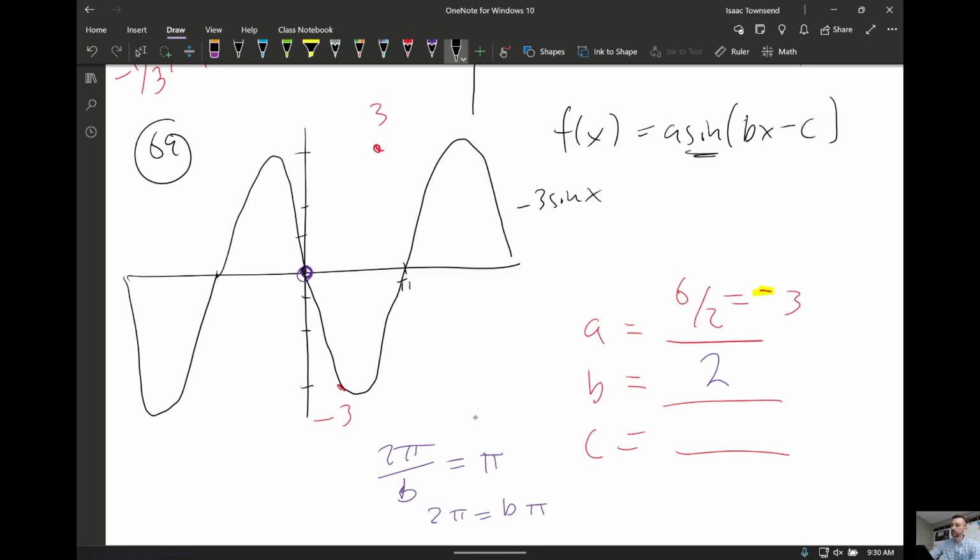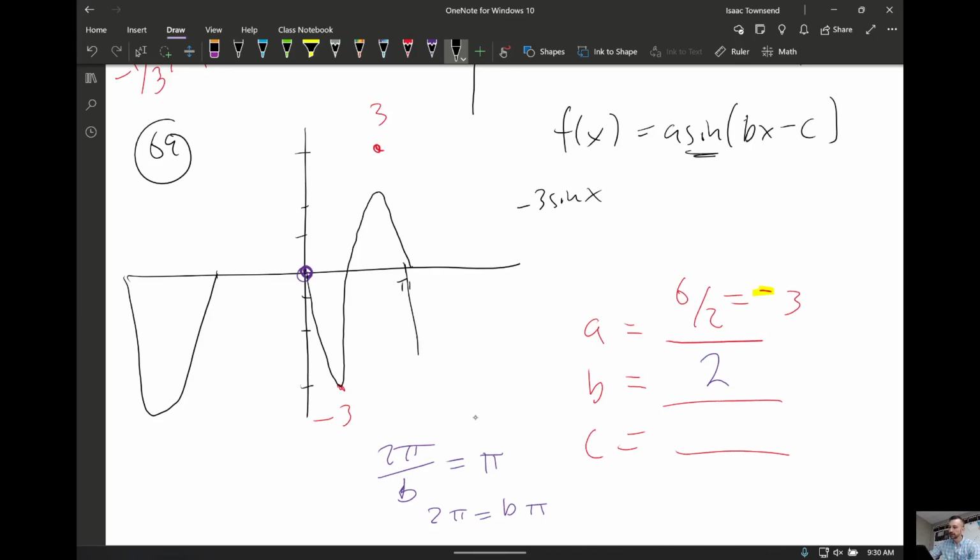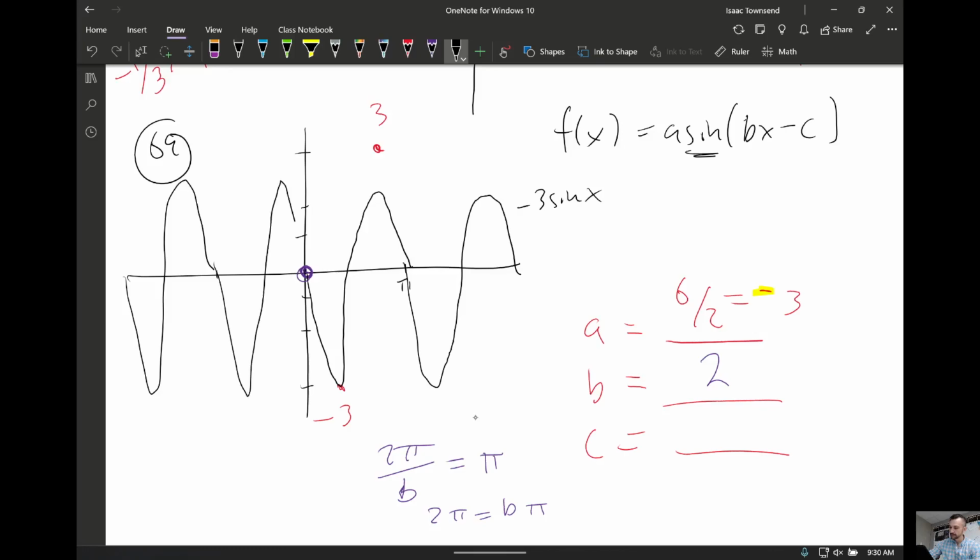With b being 2, I need to squeeze this pattern in. So that. And then if I'm trying to look at the original graph here, it looks like it's okay, so I would be tempted to say that C is 0.